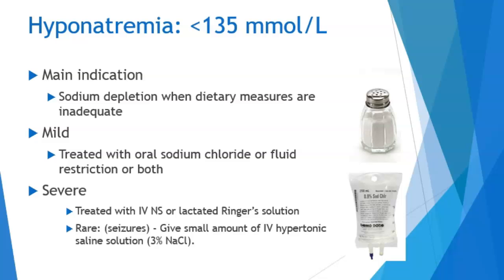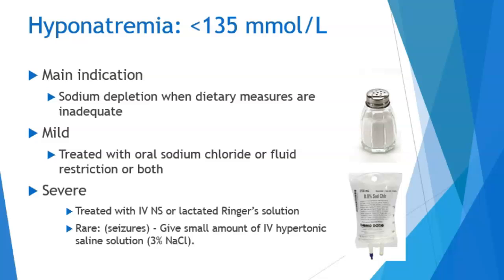It could also show up in patients that have renal failure, or in patients that have that syndrome of inappropriate antidiuretic hormone, and we've talked a little bit about that in the past. So if it is mildly low, then the treatment may be with an oral sodium chloride additive.